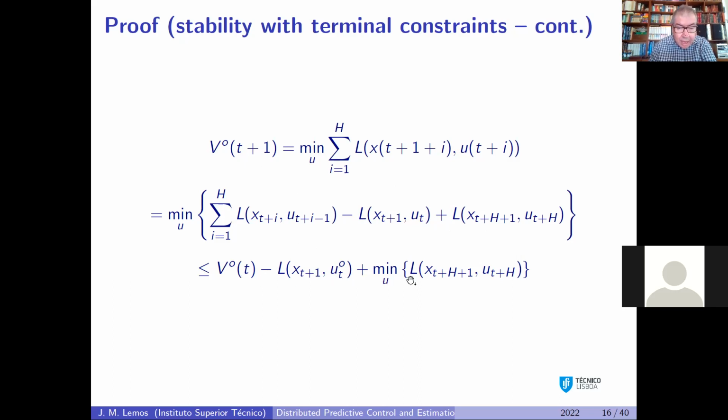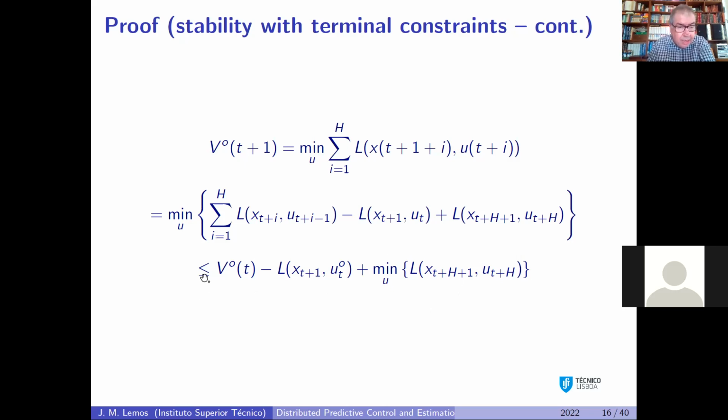And then I optimize again with respect to the last control, the last point. This is just the last point. And this is actually suboptimal because it's not as good as optimizing with respect to the last point.